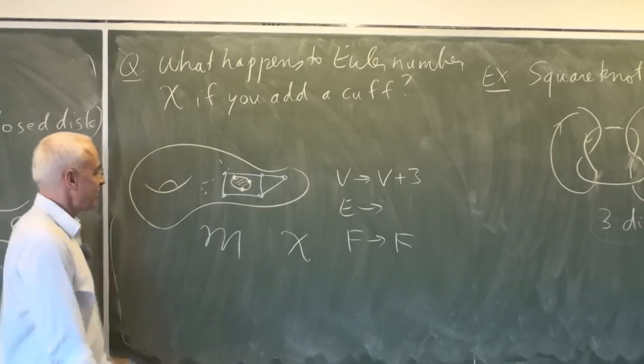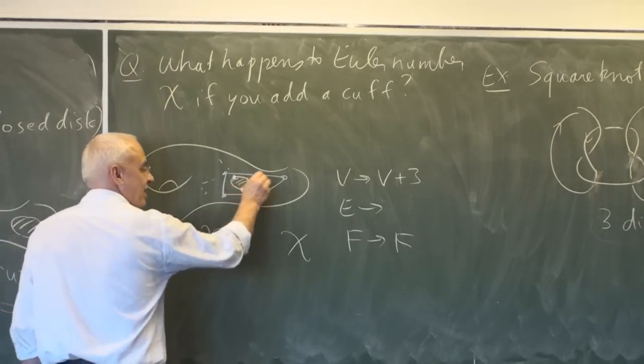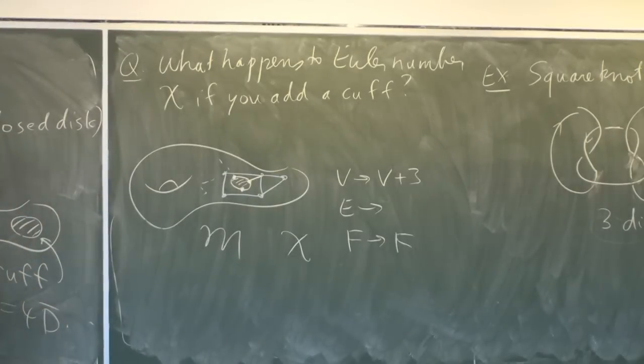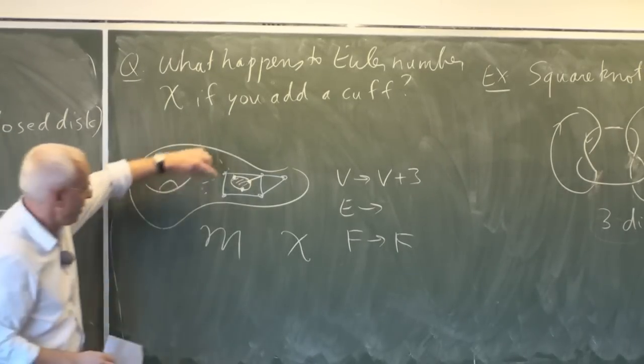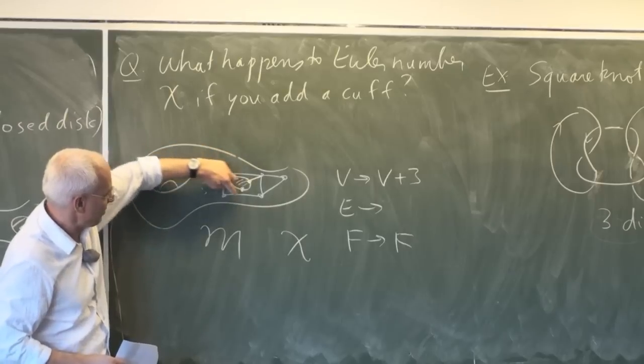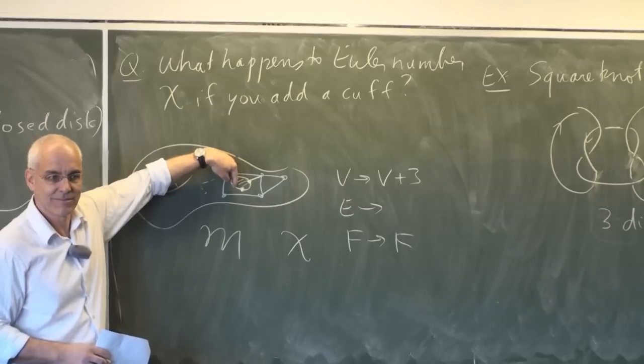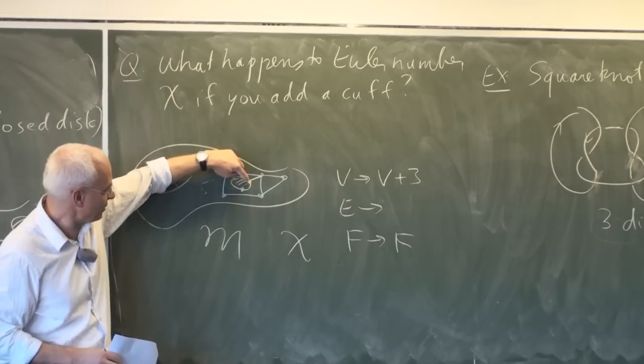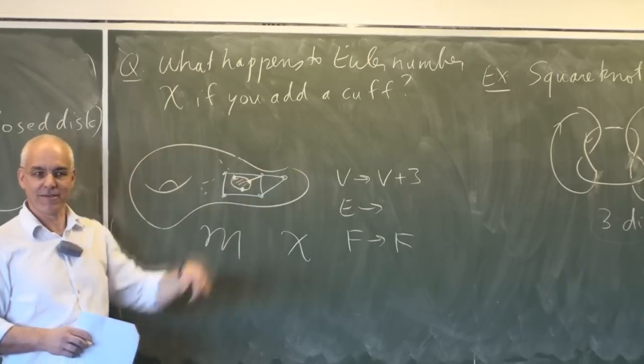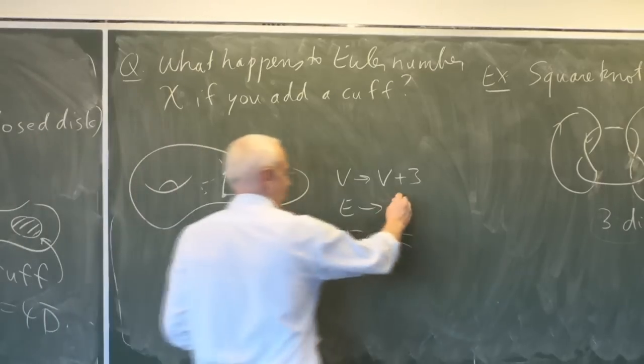To get an honest decomposition, we should make one more cut, say that one there. Now the piece that's left over is actually an honest polygon. So we've actually added 3 plus 1 edge.